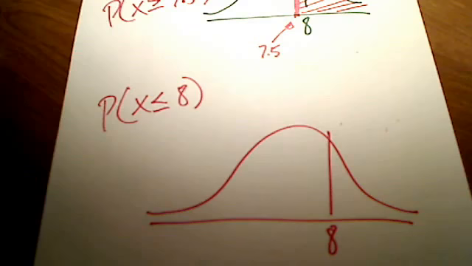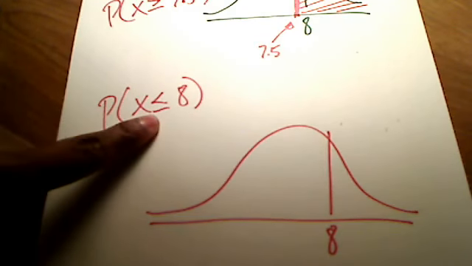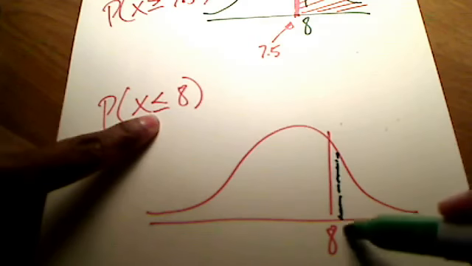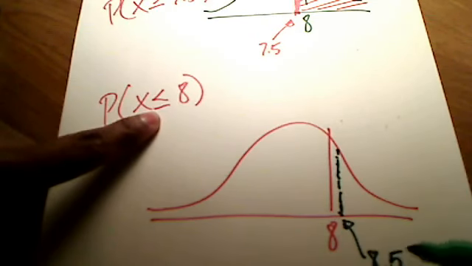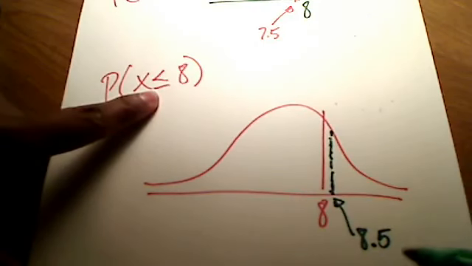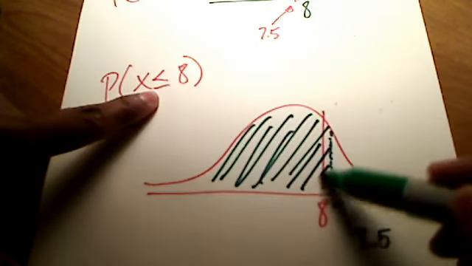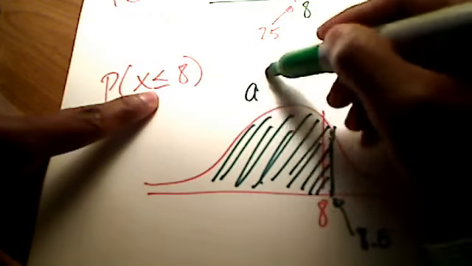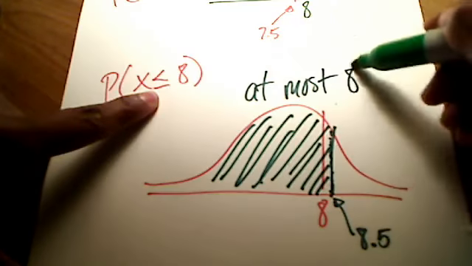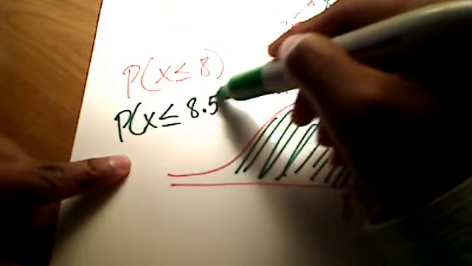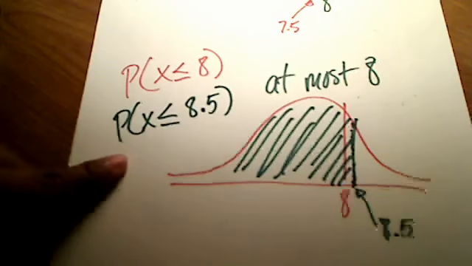At most 8 includes 8, but it's shaded to the left, which means that if I want to include 8, I go a little bit above 8, which is 8.5, and I shade all of this area over here. This is what at most 8 looks like, so that's what I'm going to look up.